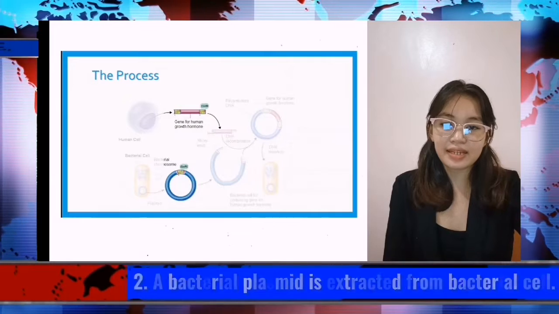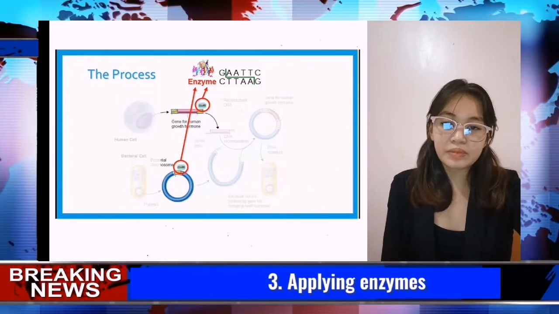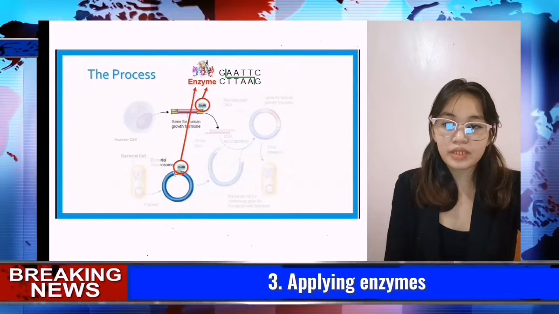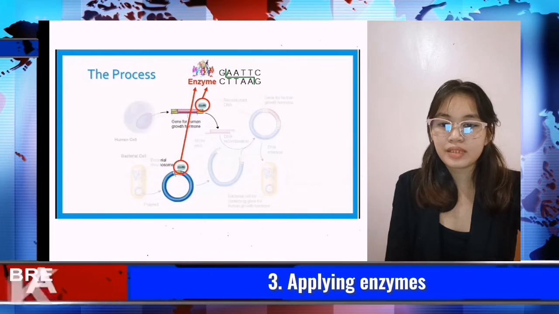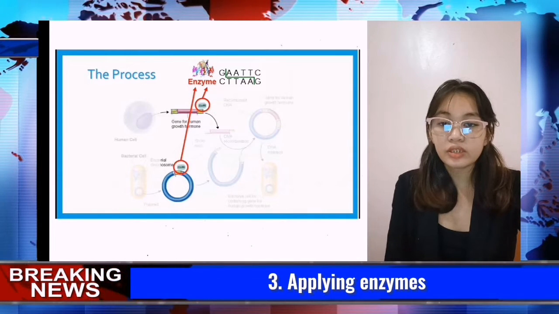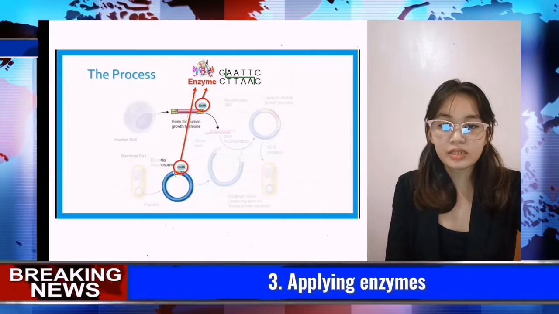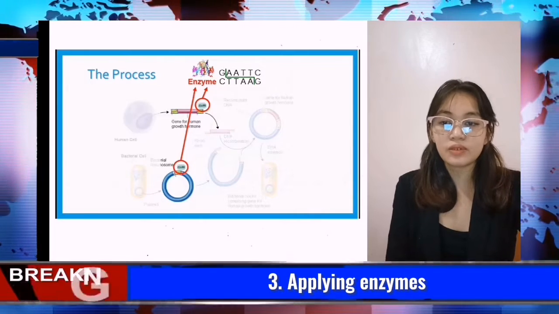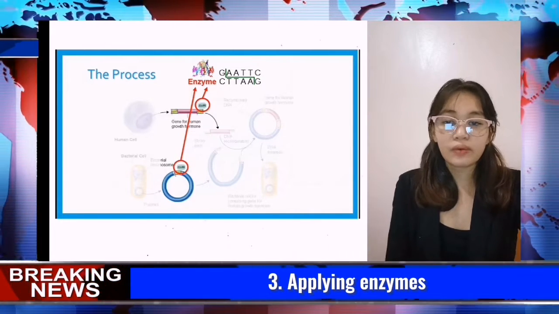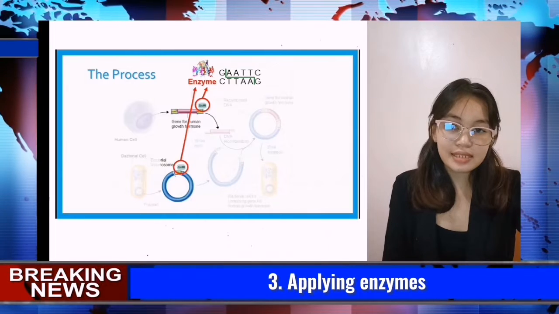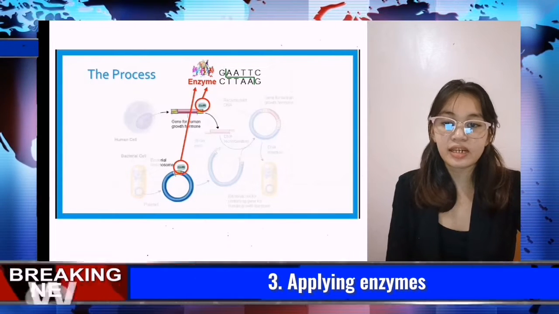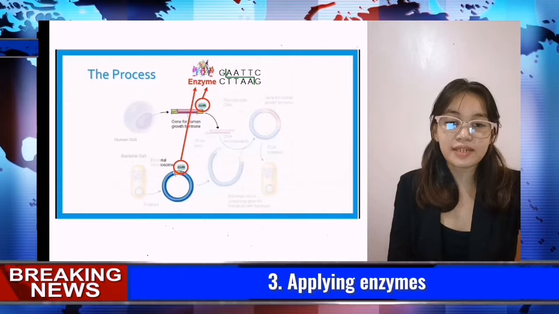Enzymes are applied next. The enzyme here is EcoRI. So what is EcoRI? It is a restriction endonuclease enzyme isolated from the species E. coli. And going back, remember, enzymes act as scissors cutting the DNA at a specific sequence.